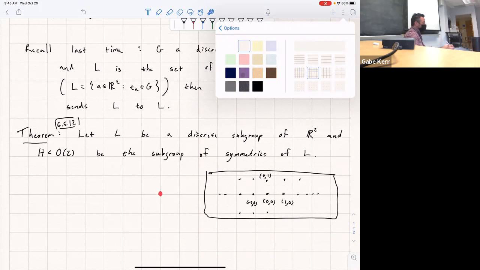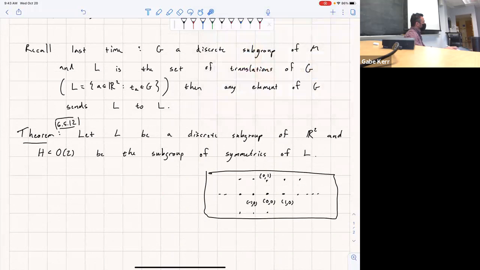As long as I fix an origin, I can do negative. That would take this point to this point, this point to this point. Let's just switch these. But what else can I do?